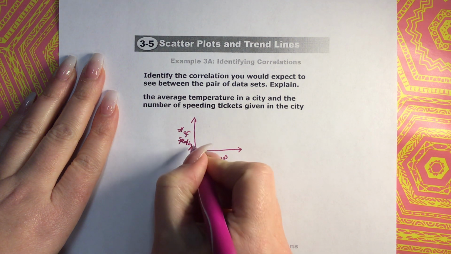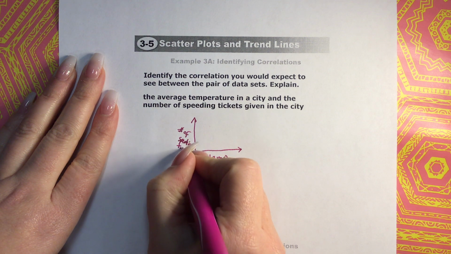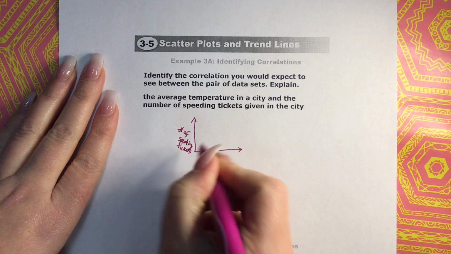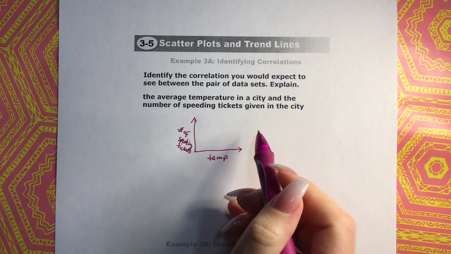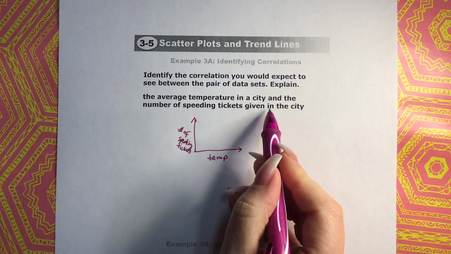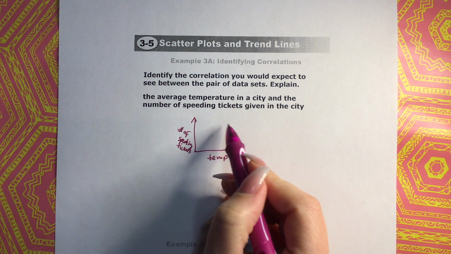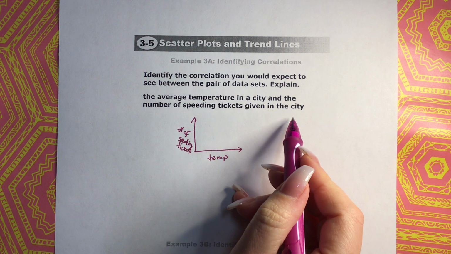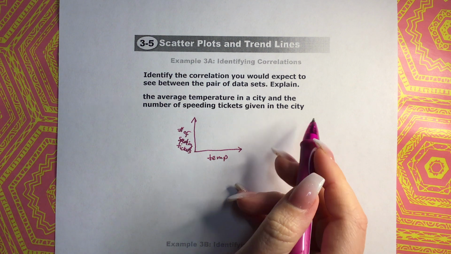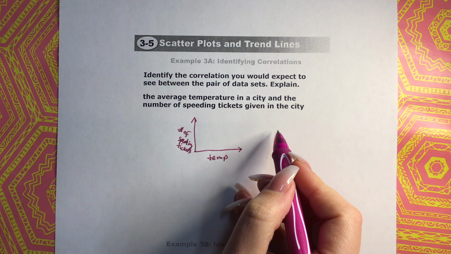This is supposed to say speeding, just imagine that it says speeding, okay? So let's think about it. The average temperature in a city and the number of speeding tickets given in the city.